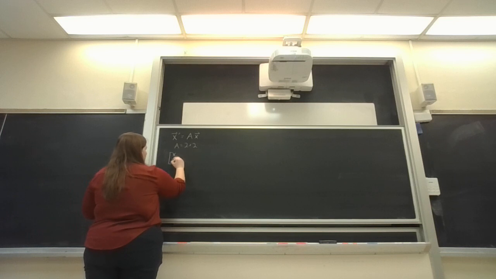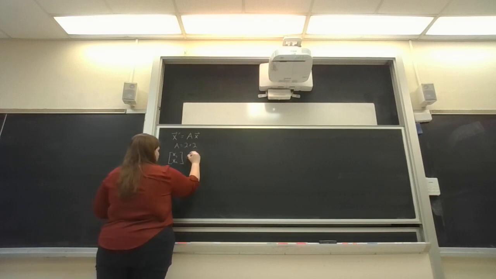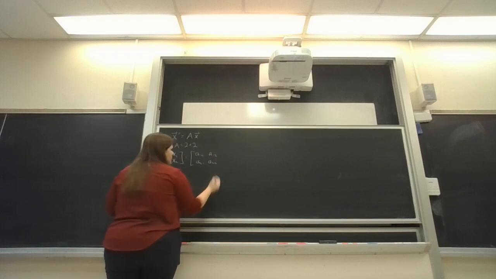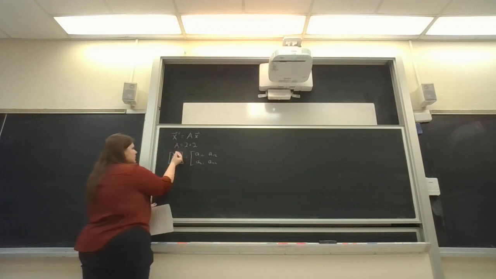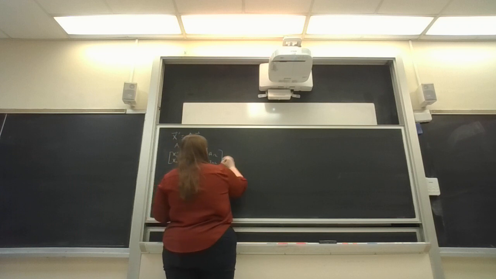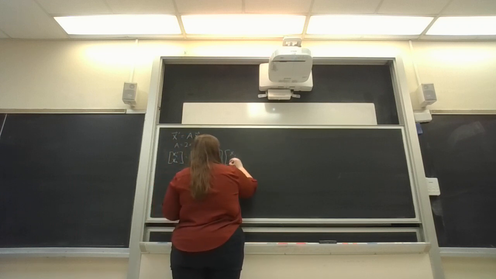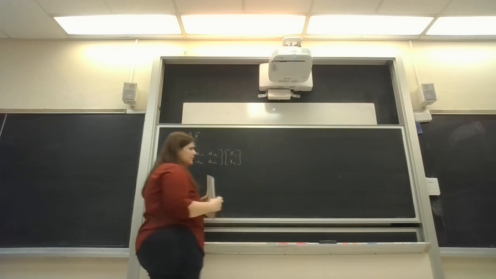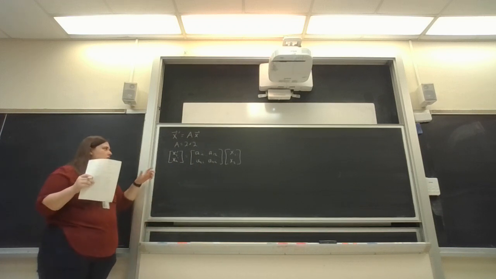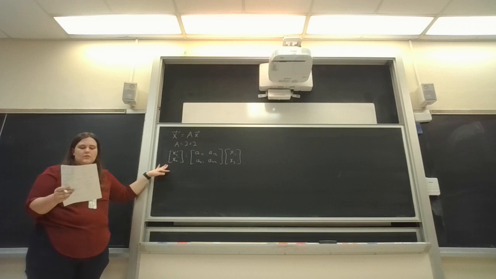This would be x1, x2, then we'd have a11, a12, a21, a22. Both of these are prime on the left-hand side, times x1, x2. A vector is just a one-dimensional matrix, and it's where we normally end up storing these values.